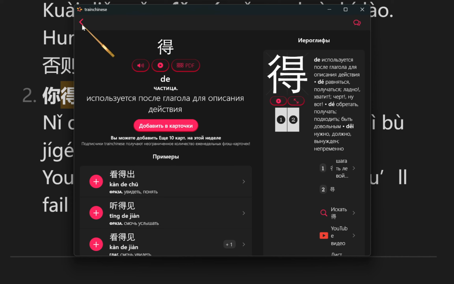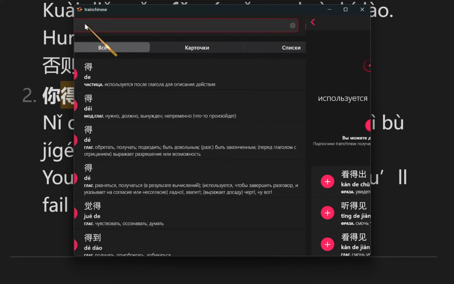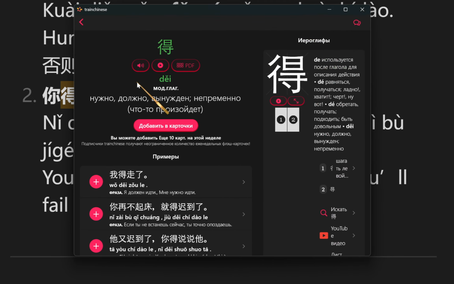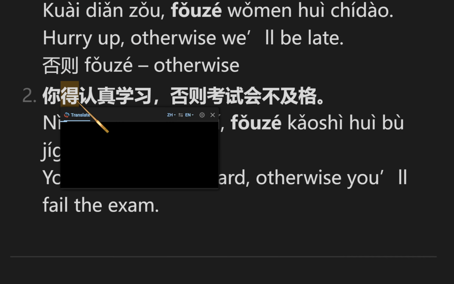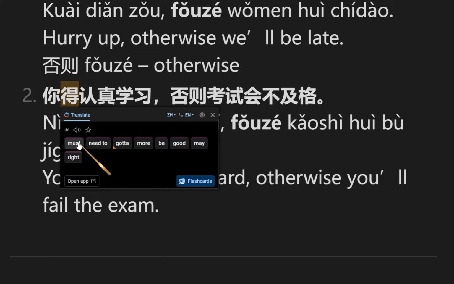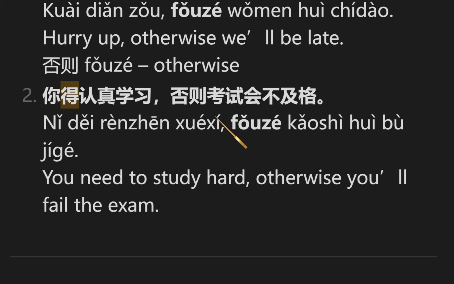For example, 说得很好，对。But here is dei, it's I need to do something. I have to. As you can see, I need to, must. Have to, be. But you need to remember pronunciation. Dei, 你得, you need to, 认真, seriously or hard, 认真学习, study hard, study seriously.